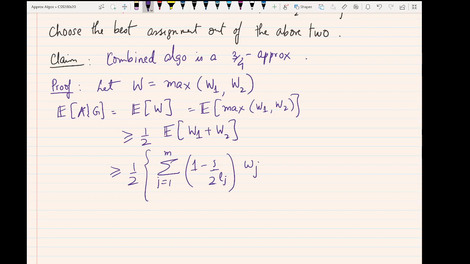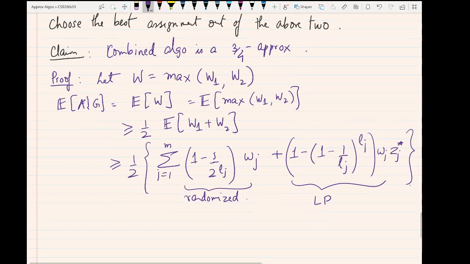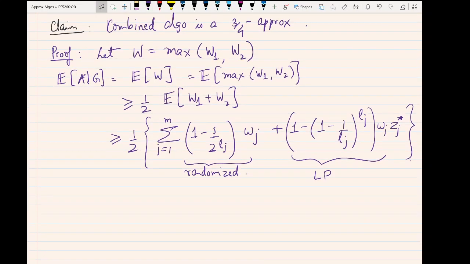So this is what the randomized algorithm gives. And this is what the LP based algorithm gives. Okay. Again, I've used linearity of expectation in doing this.